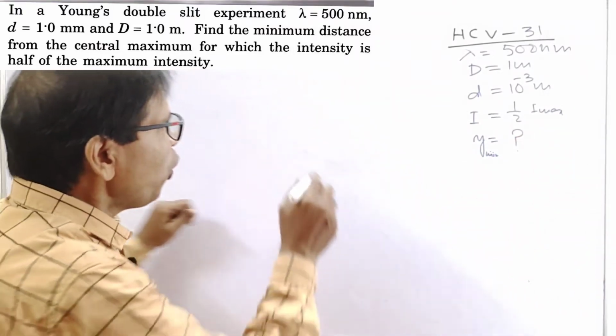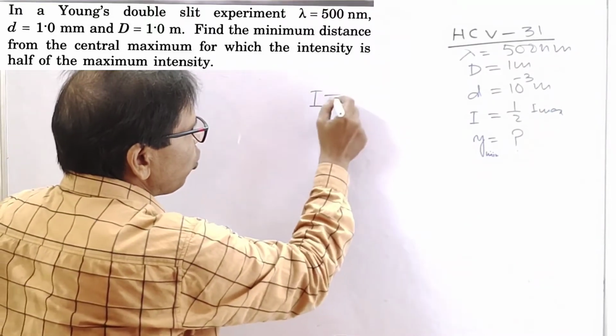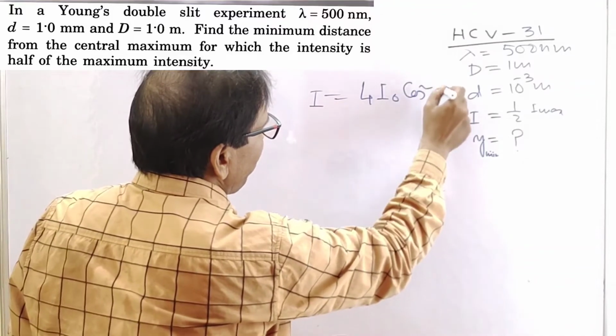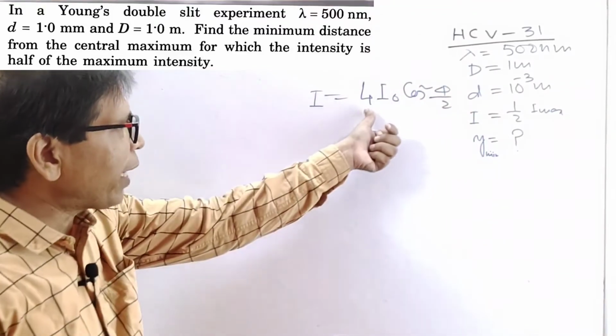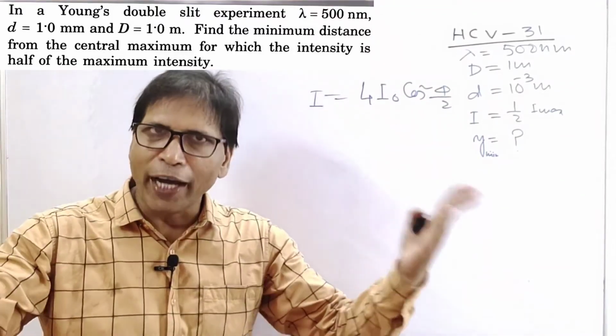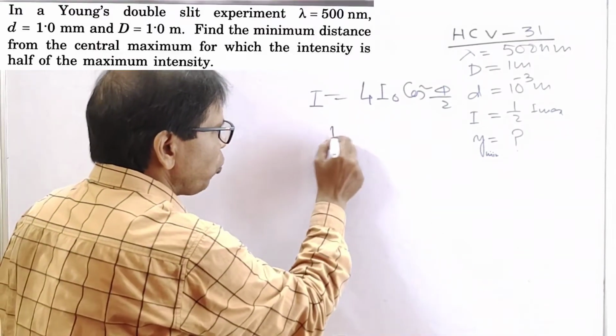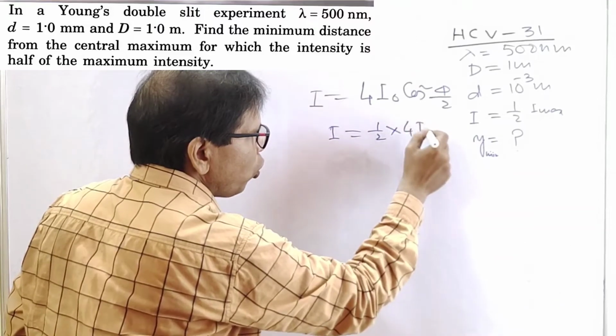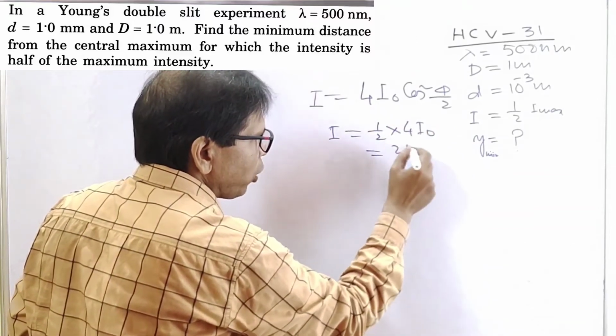Now look at this, we know I equals 4I naught cos square phi by 2. Now maximum intensity is 4I naught, so I becomes half of 4I naught, so this is 2I naught.